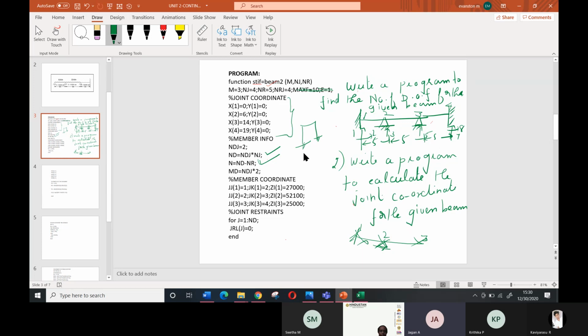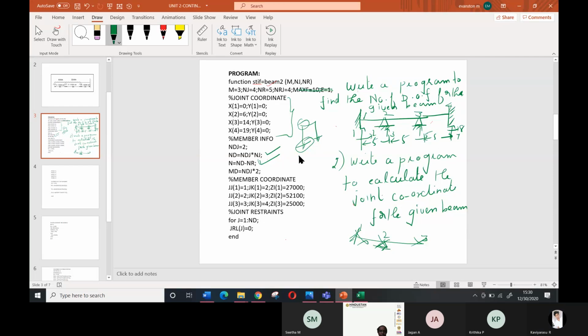Plane frame. Can anyone tell me? If it's a frame, if you take this joint, or if you take this one, what is the possible number of degrees of freedom for a joint? Can you tell me?